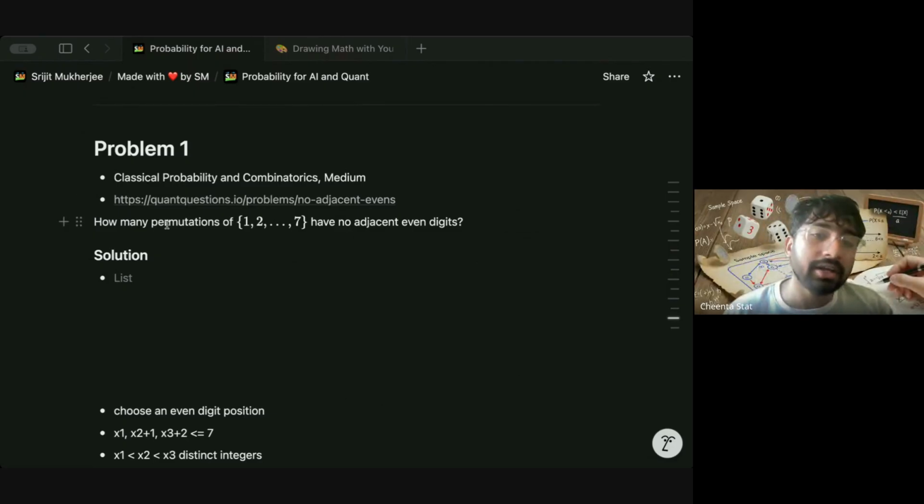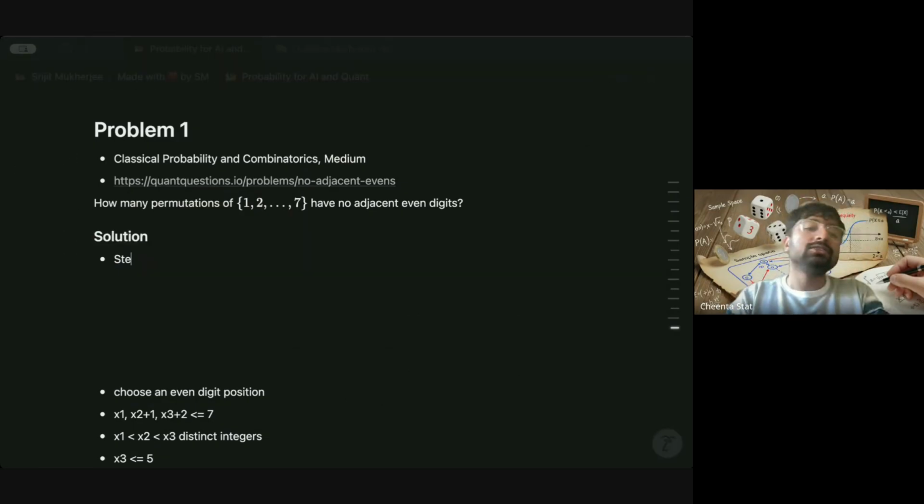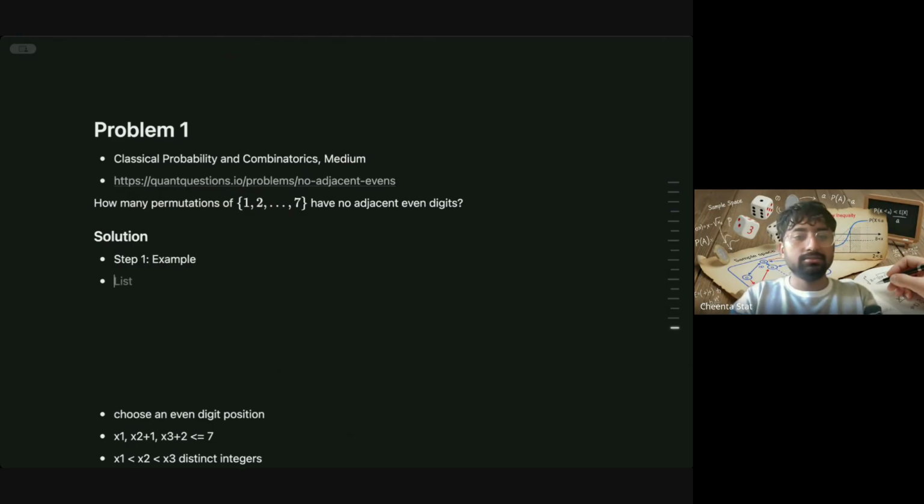How many permutations are there of 1 to 7 such that they have no adjacent even digits? Beautiful, right? So first of all, whenever you're solving this problem, guys, the first step is always to take an example. For example, 1, 2, 4, 5, 6, 7.